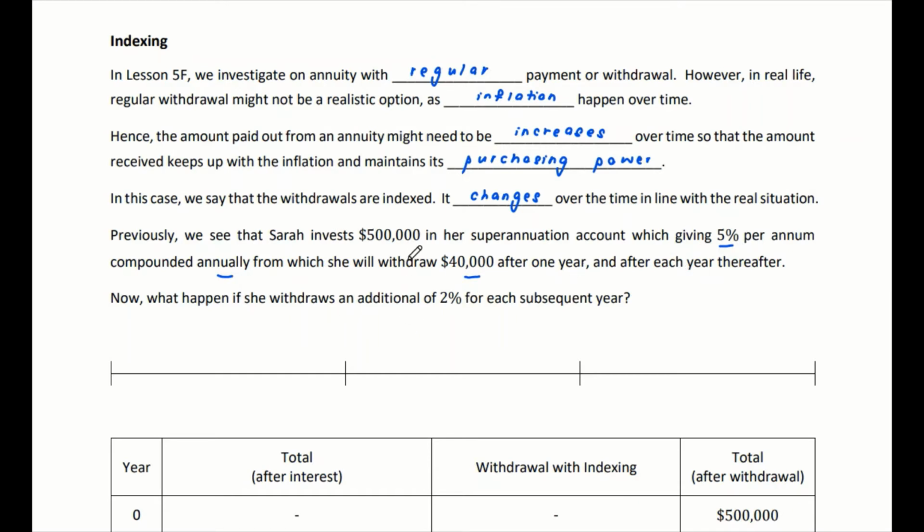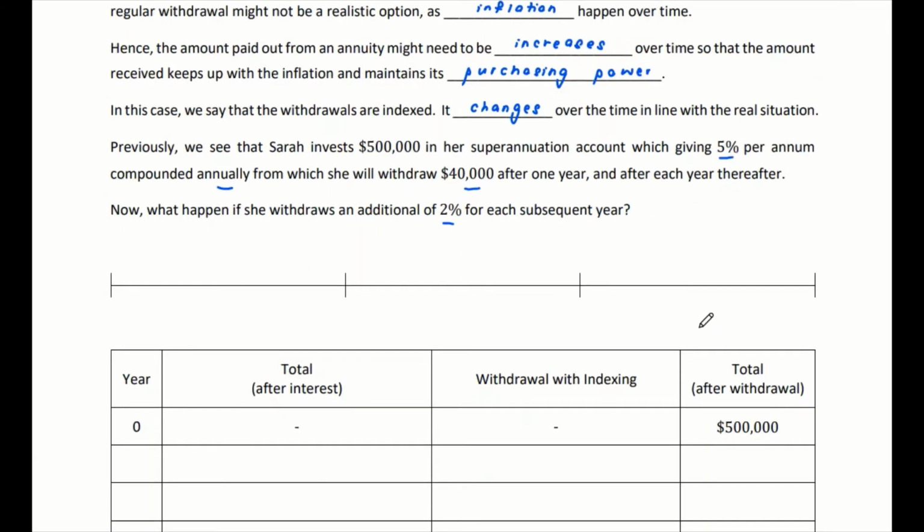Now instead of doing this regular withdrawal, what happens if she withdraws an additional 2% in each subsequent year? In the first year, she withdraws 40K. In the second year, she withdraws an additional 2% because of inflation. And for the next year, another 2% increase. So you can imagine that the withdrawal is going to increase over the years.